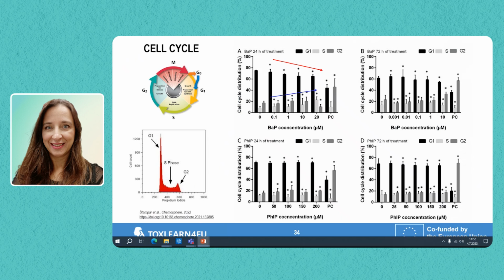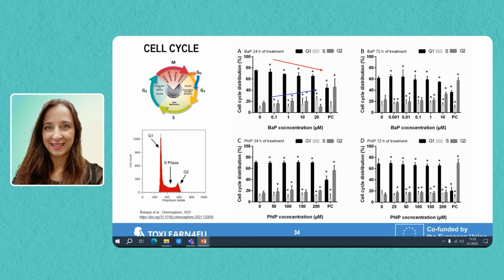Here we selected only benzo[a]pyrene and FIP, like two model genotoxic compounds. And what is happening in the cell cycle, you see that there is a reduction of the G1 phase and an increase of the G2 and S phase. Usually the cells are arrested in the G2 phase due to the repair.